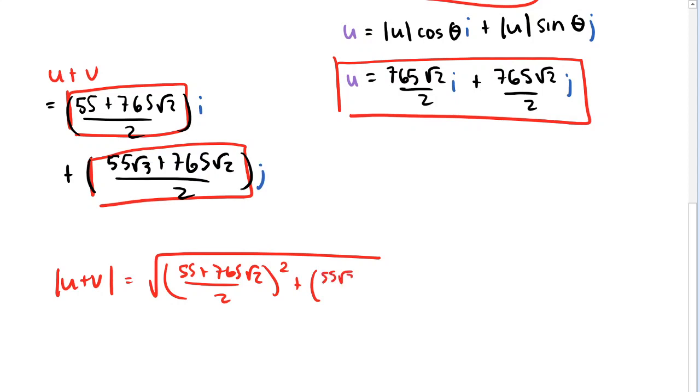So 55 square root 3 plus 765 square root 2 over 2 squared. When we compute this, it gives us approximately 818.25, and this will be miles per hour.